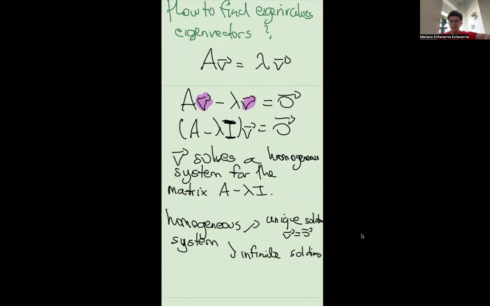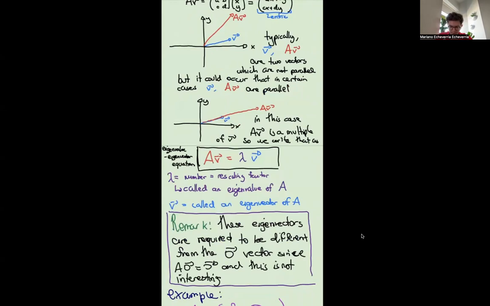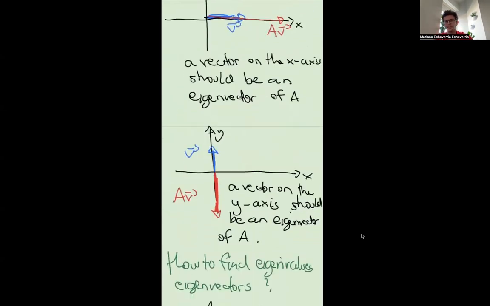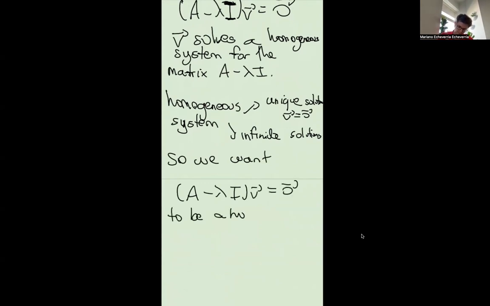Since we want V to not be the trivial solution, because like I said at the beginning in the remark, we do not want the eigenvector to be the trivial vector, we want A minus lambda I times V equals 0 to be a homogeneous system with infinitely many solutions.